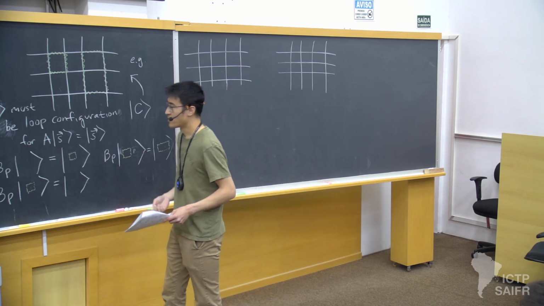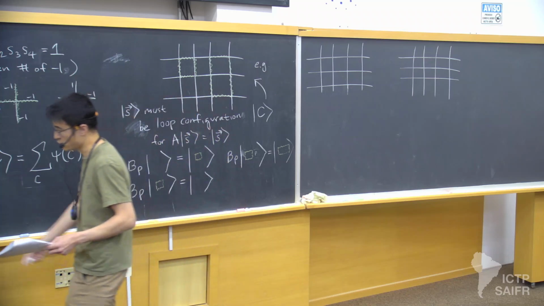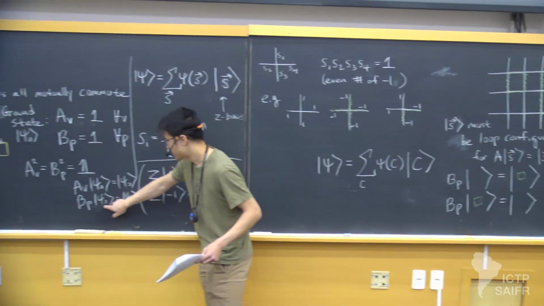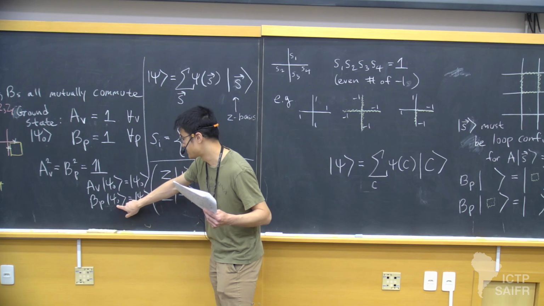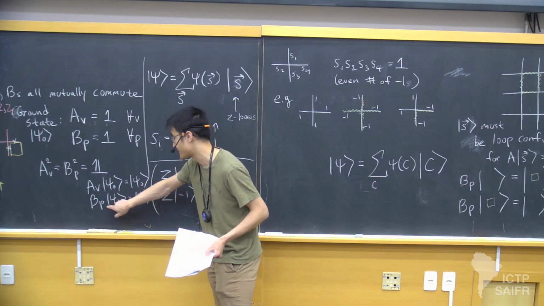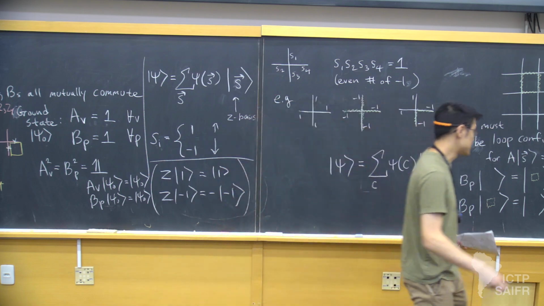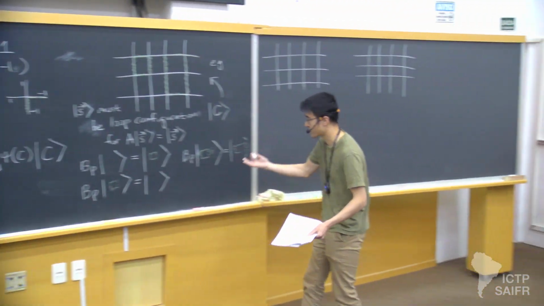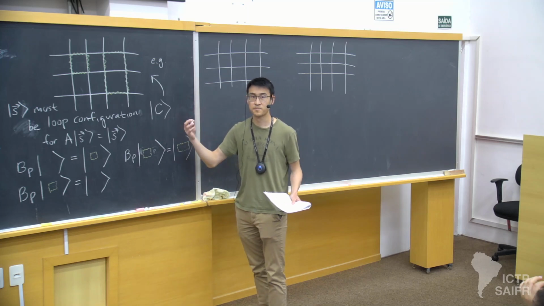And so this means that in order to find a state that's the eigenstate of BP with eigenvalue 1, we want an equal weight superposition of all possible loop configurations, right?